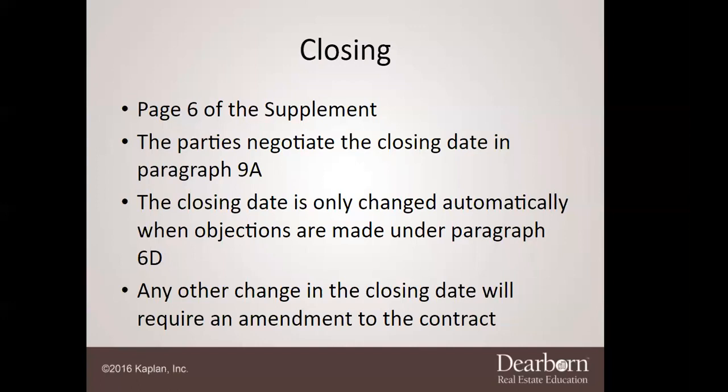That's the only time it automatically changes. Any other change in the closing date will require an amendment to the contract. So if we're not going to object under paragraph 6D, and we need to change the closing date, we have to have an amendment.